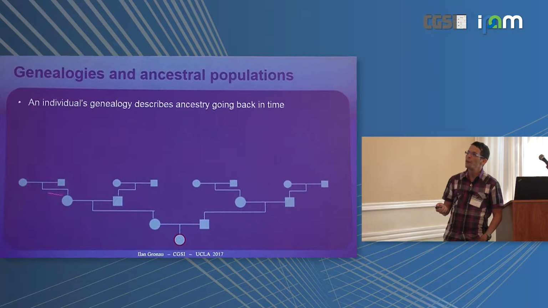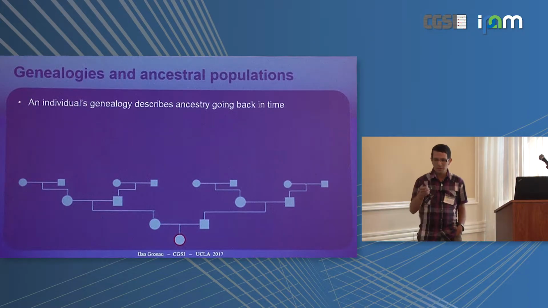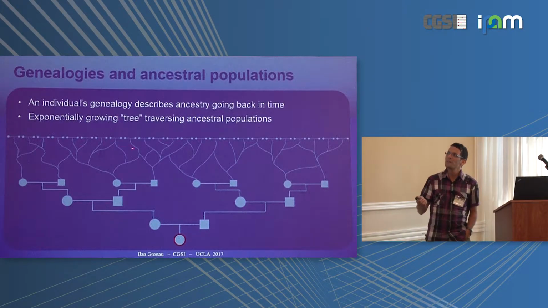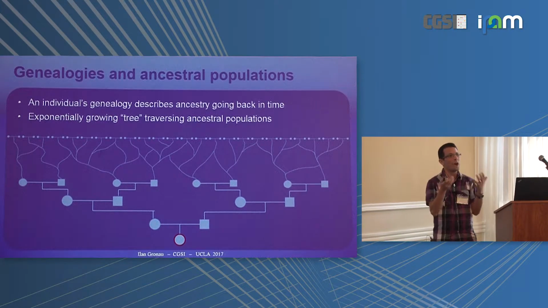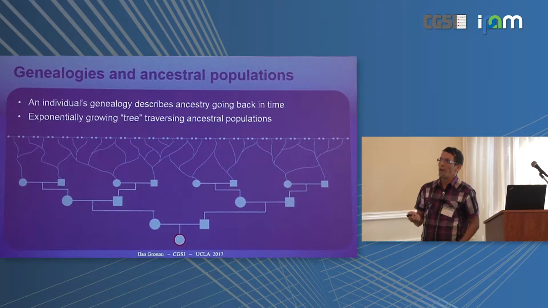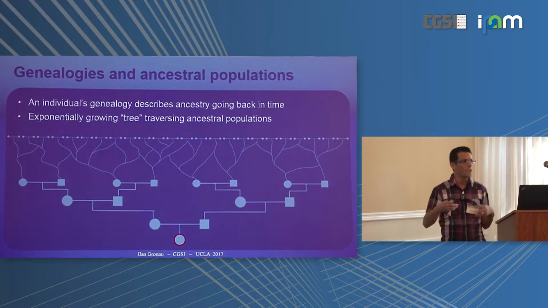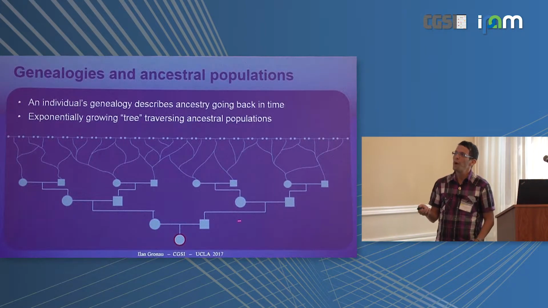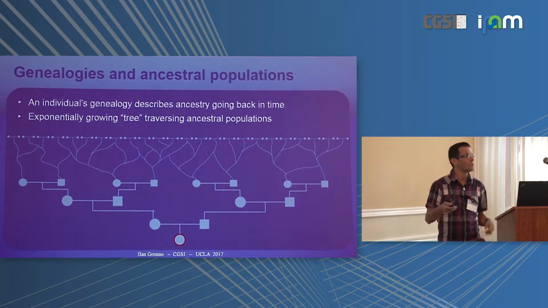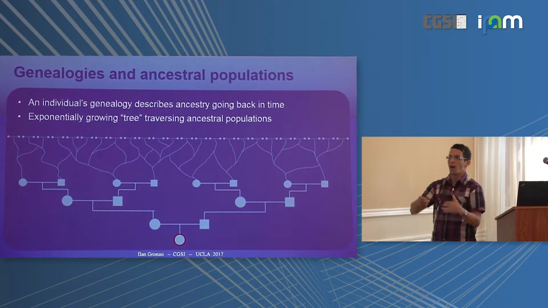You have 2 parents, 4 grandparents, 8 great-grandparents, etc. At a certain point in time, these branches start coalescing because you have ancestors that you can reach in different ways. So this is not strictly a tree, it's a graph where each node has two parents, but some nodes might have more than one relevant child in this graph.